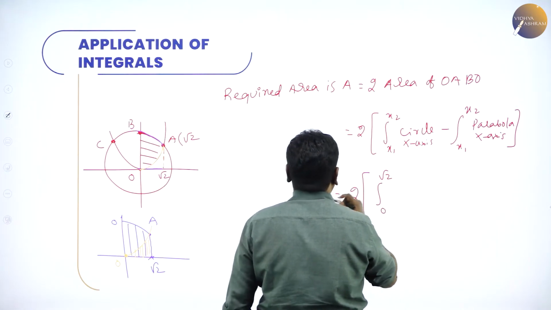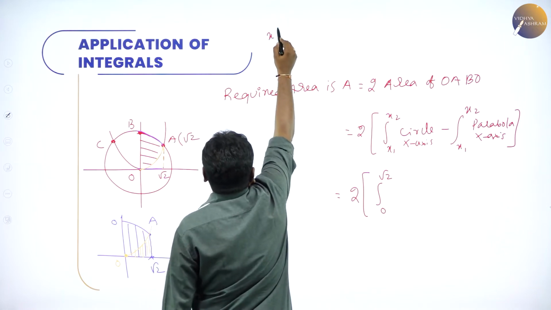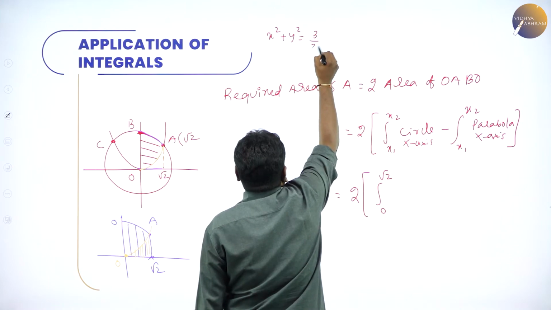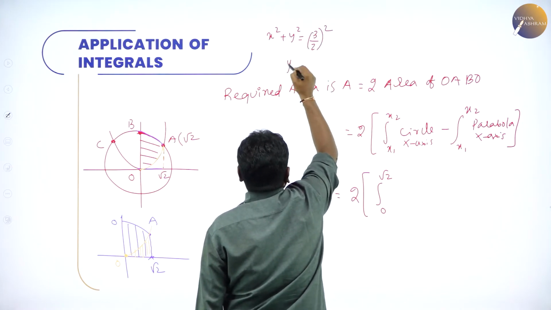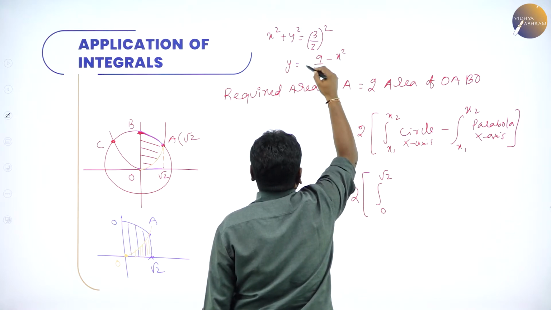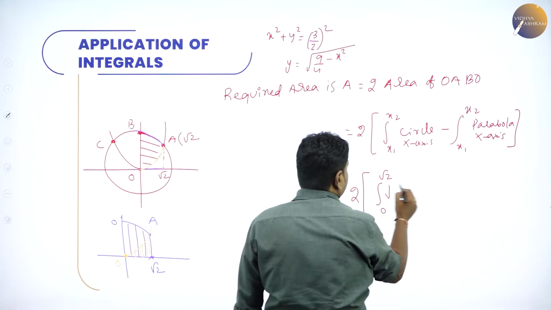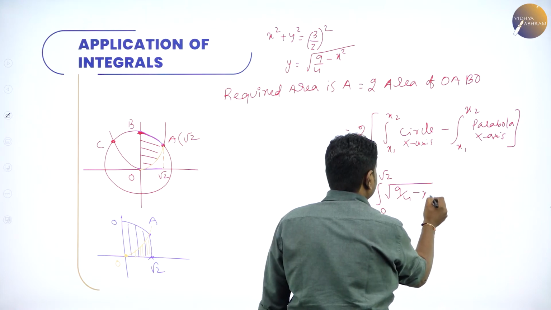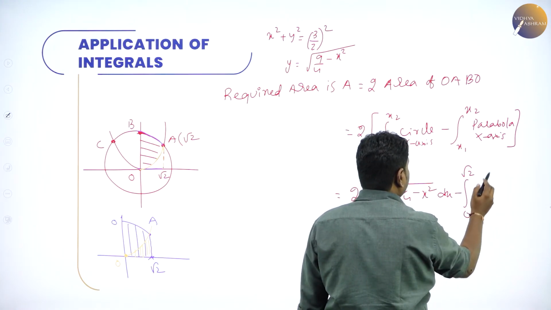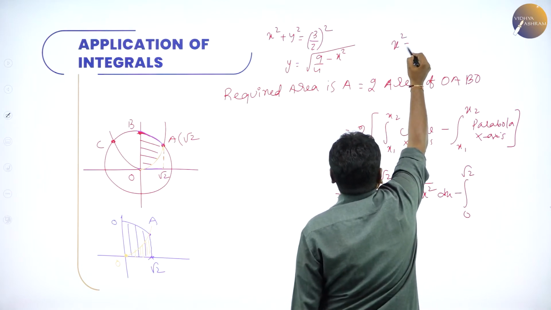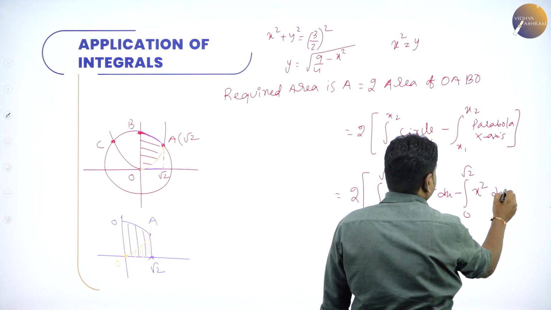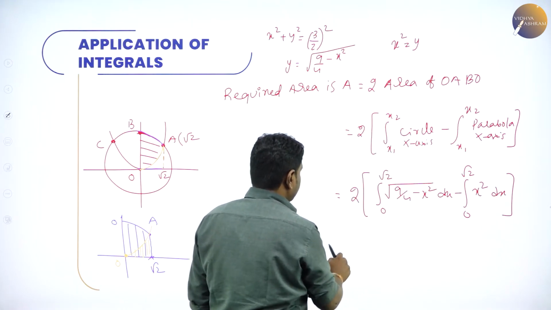What is the equation of circle? x square plus y square is equal to 3 by 2 the whole square, or y is equal to root of 9 by 4 minus x square, dx, minus same 0 to root 2 parabola. Parabola they gave x square is equal to y. So now I need y, y value is x square dx. Now simplify this and apply limit 2 times.